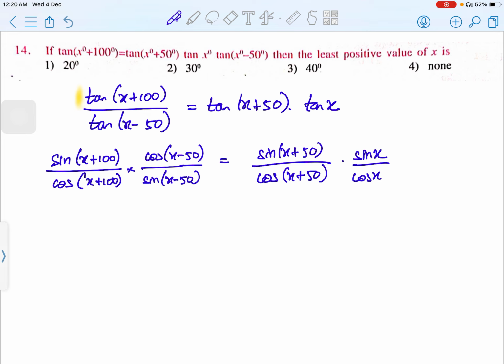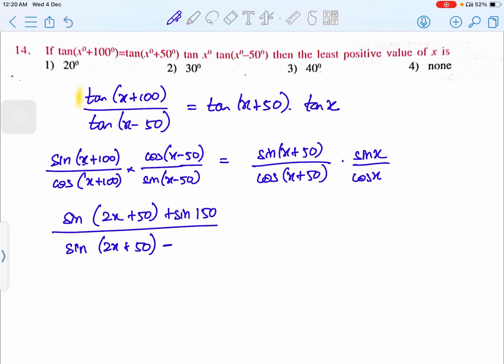That 1 by 2 cancels. Sine of the addition of both the angles: if you add x plus x, you will get 2x; 100 and minus 50 gives overall 50. Plus sine of the subtraction: x and x cancel, 100 minus of minus 50 means you will get 150. The same thing you get in the denominator. So sine of 2x plus 50 minus sine 150 here.